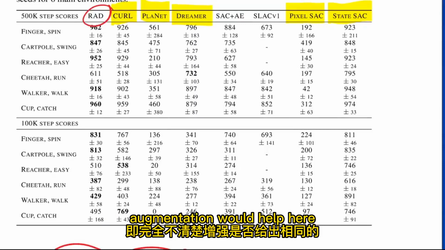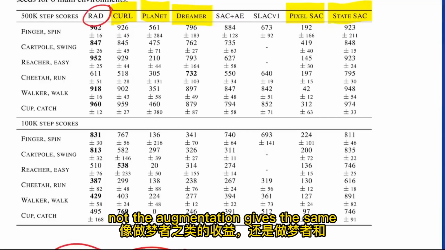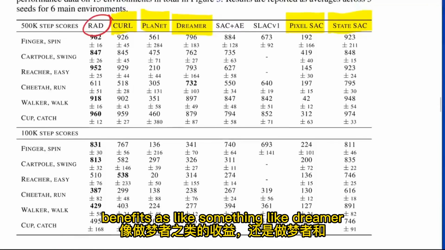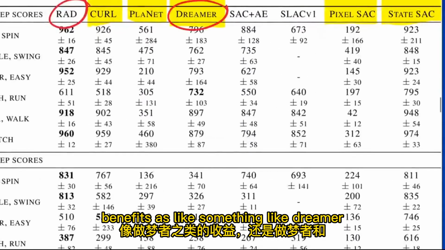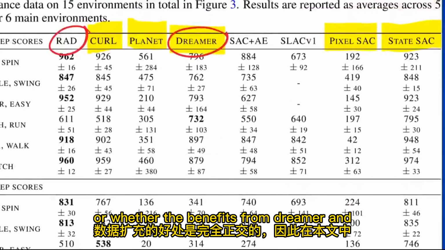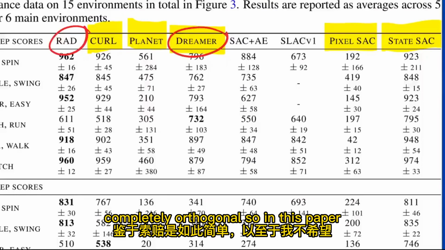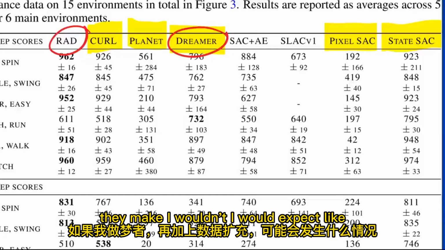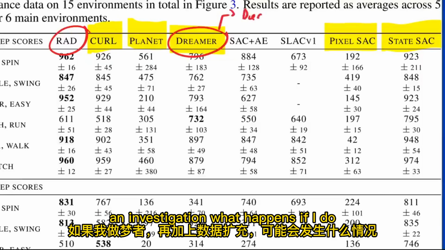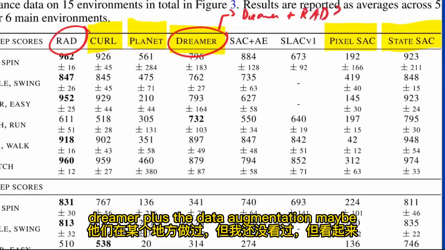Now, while I can believe that the augmentation would help here, it is completely unclear whether or not the augmentation gives the same benefits as something like Dreamer, or whether the benefits from Dreamer and the benefits from data augmentation are completely orthogonal. So in this paper, given that the claim they make is so simple, I would expect an investigation. What happens if I do Dreamer plus the data augmentation?